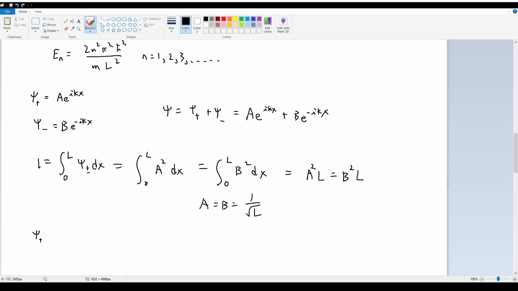We have psi plus equal to 1 over root L e to the ikx, and psi minus equal to 1 over root L e to the negative ikx.